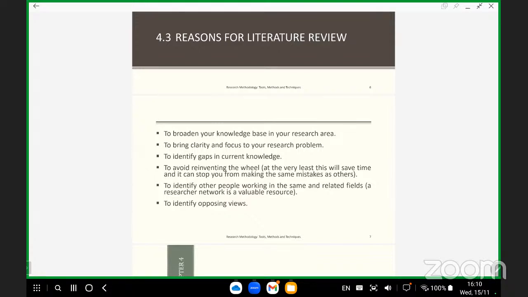Okay, and then to identify, kalau misalnya katalah to identify opposing views, to identify other people working in the same and related fields. Okay, ini dia. You akan find out during your ECROC time, researching about the literature, gathering the literature review, you akan find out from all the journal that you have in hand, basically not all finding akan mengatakan this attitude have a positive relationship with intention to purchase halal food tadi tu.